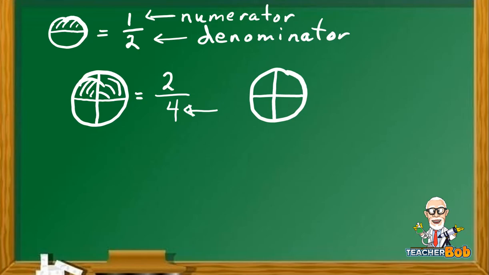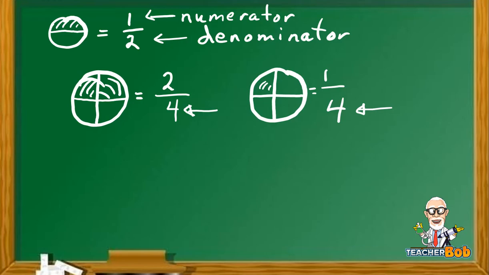And we have, in this picture, the circle is divided into 4 parts as well. And let's just shade one part of it. So we're interested in one part out of 4. So again, we have a 4 on the bottom. That's our denominator. We have a 1 on the top. That's our numerator. We have common denominators. The bottoms are the same.